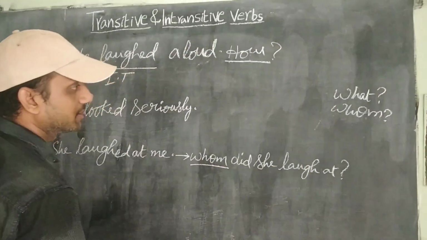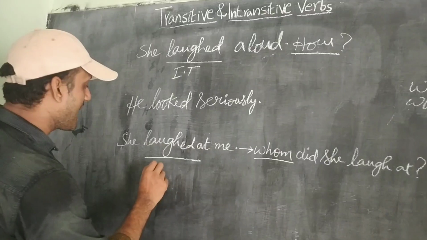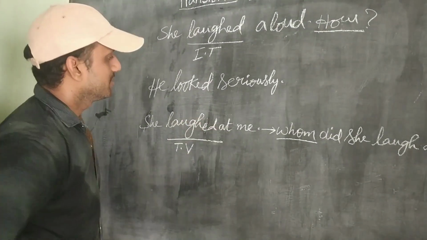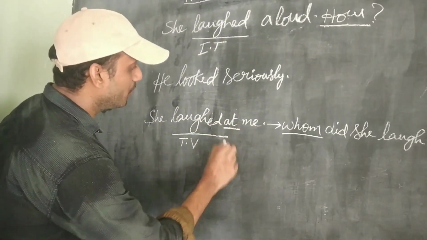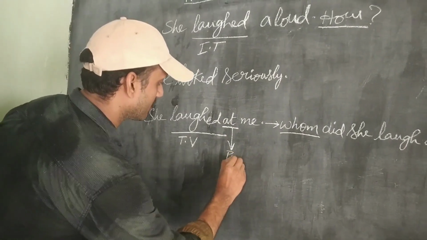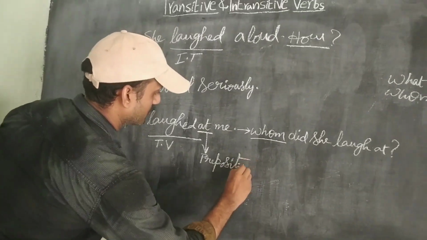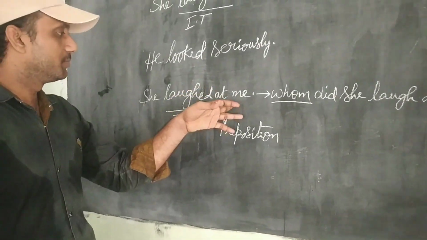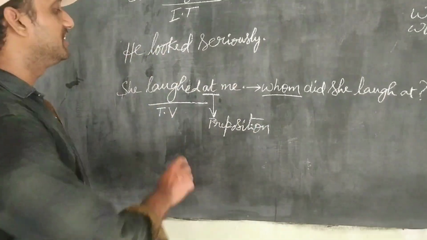Here we have got whom. So we can treat laughed as a transitive verb. From this sentence, we have observed that if we add any preposition after the verb, then that verb can be changed into transitive in this way.